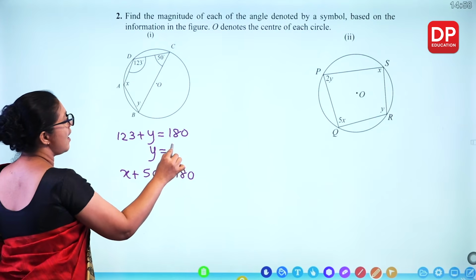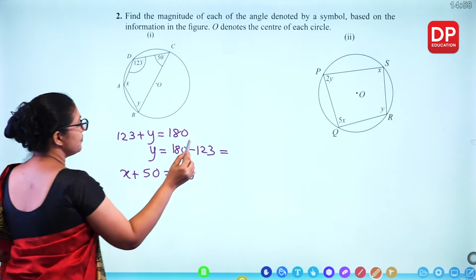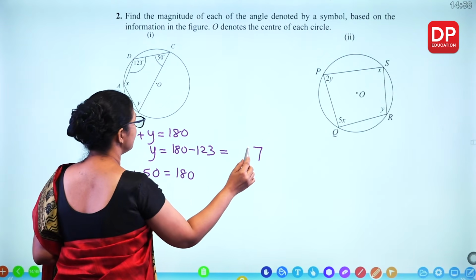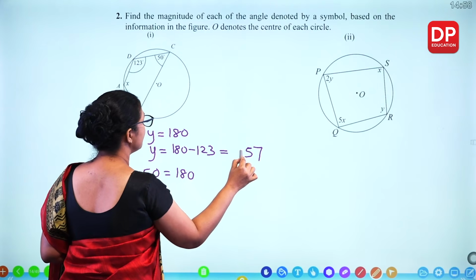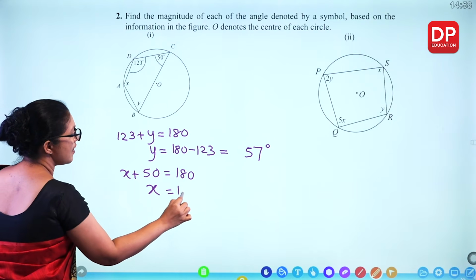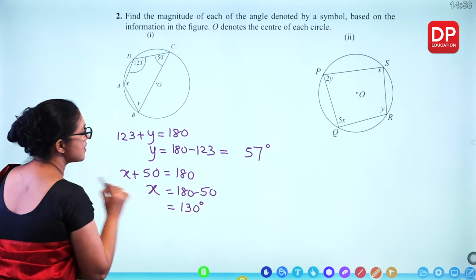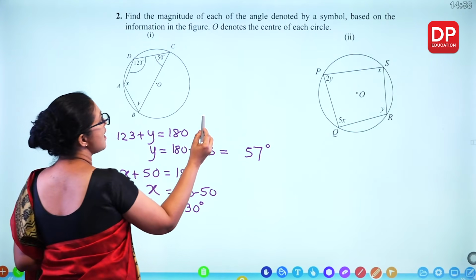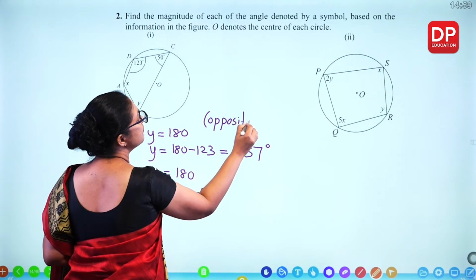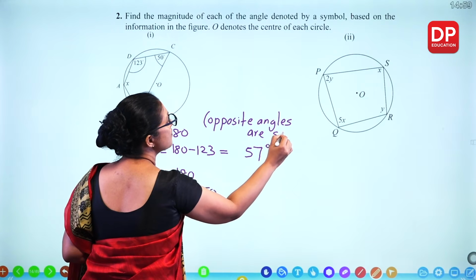So what's y? 180 minus 123. What you get? 57. X here is 180 minus 50. You get 130 degrees. You can write down opposite angles are supplementary.